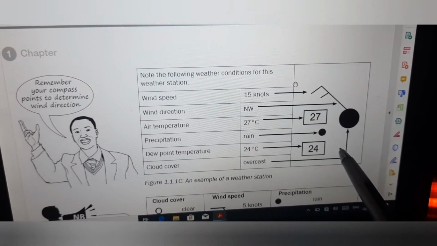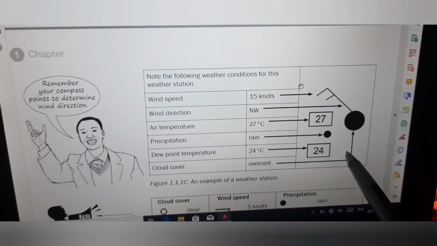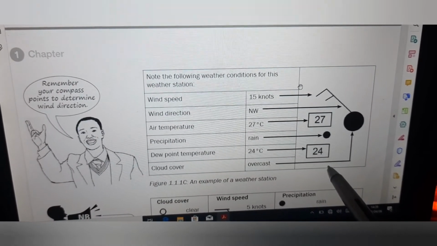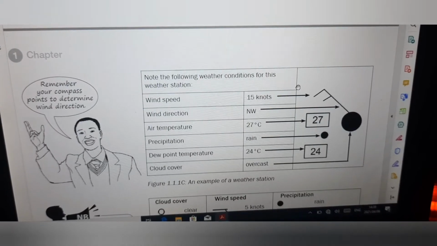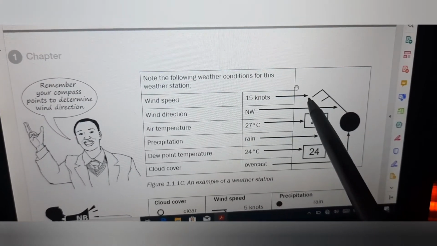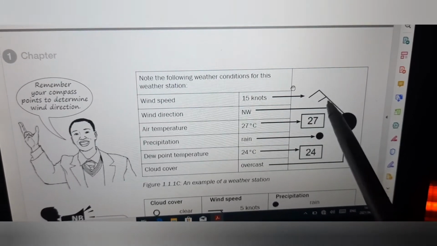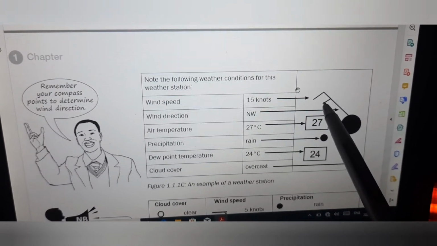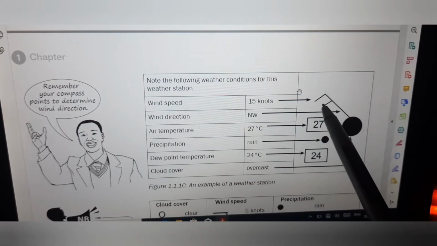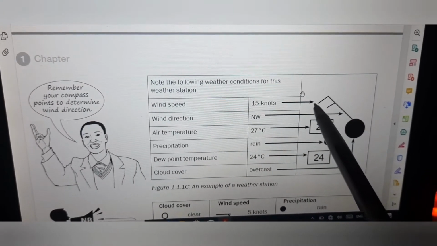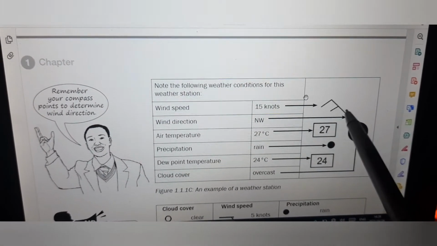Note the following weather conditions for this weather station. This is what they were telling us. The wind speed is 15 knots. So it was calculated: 1 bar is 10, and when it's half, it's 5. You can assume any value that you want, you can say 14, 13, but 1 bar is 10.